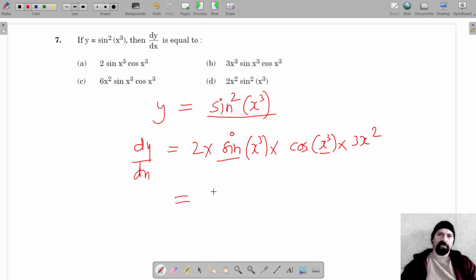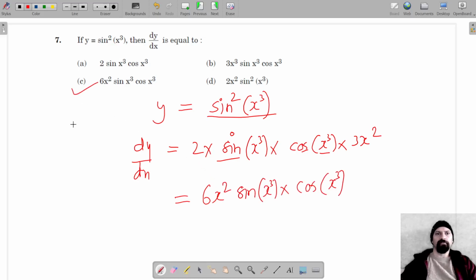So finally, I can write it as 6x squared into sine of x cubed into cos of x cubed, which is option C. So C is the correct answer for this one.